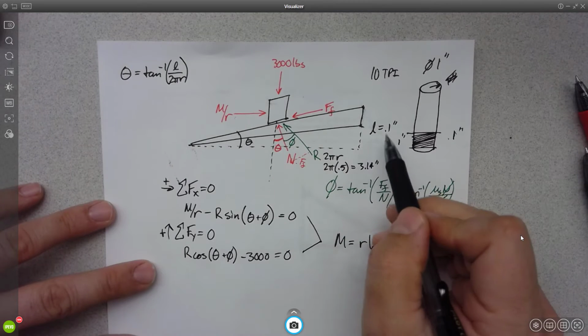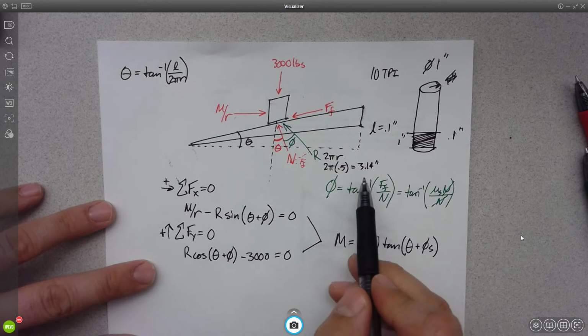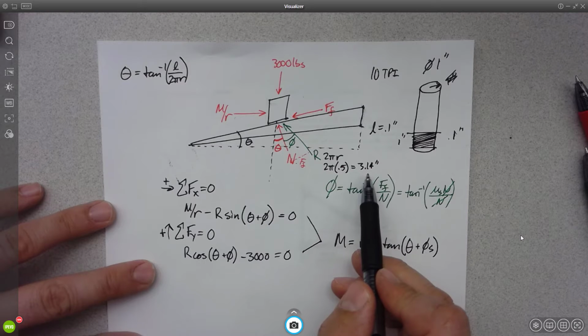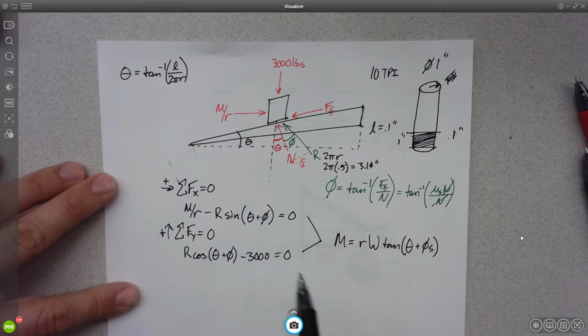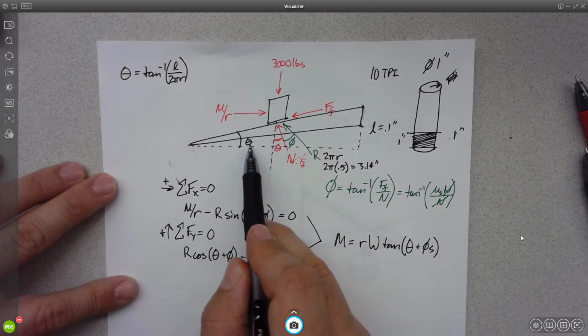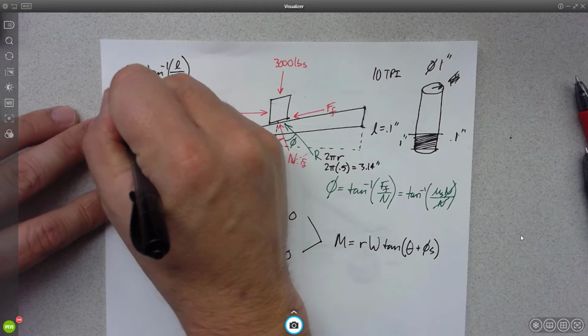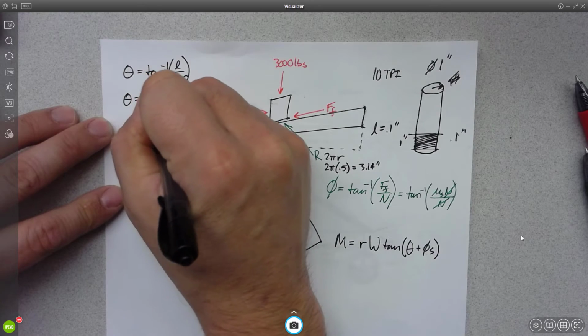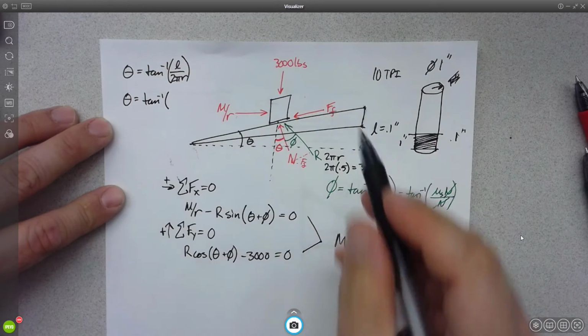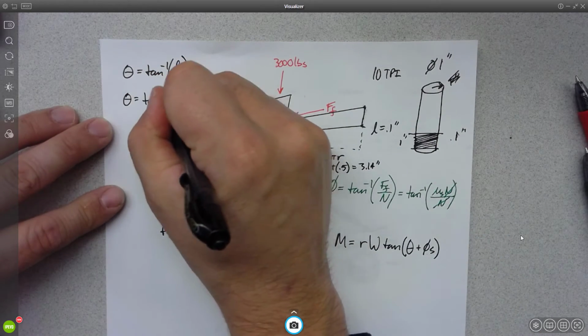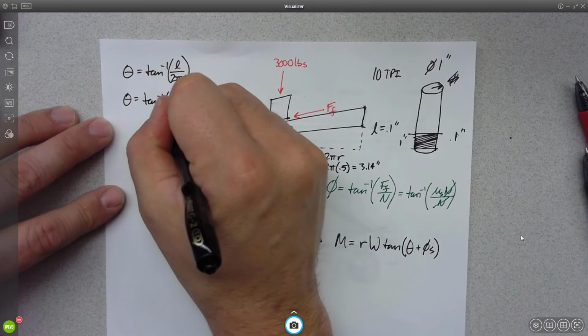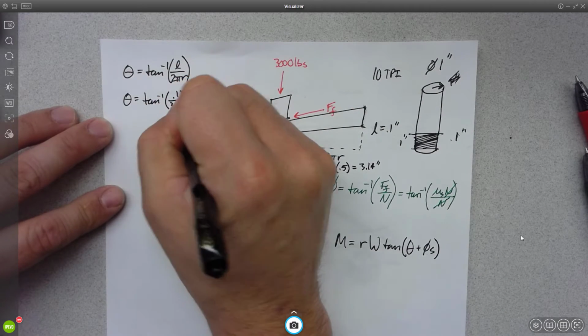Right? So the height of my wedge is 0.1. The length of my wedge is 3.14 inches. Okay? So how can we figure out what theta is? Theta is going to be the inverse tangent of the height, 0.1, divided by the length, 3.14.